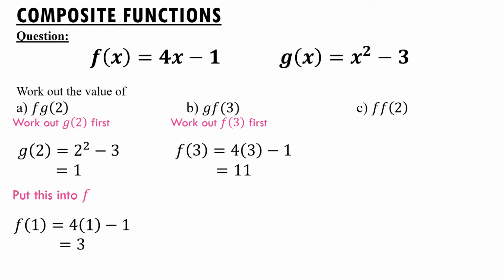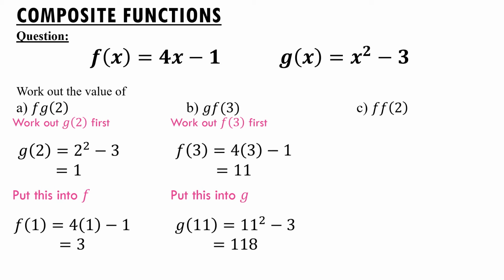Now this answer of 11 is going to go into the g of x function. Remember, your x value for that g function is going to be 11. So now I'm putting 11 into the x squared, so it's 11 squared, take away 3, which is 118. That's my final answer for that composite function.